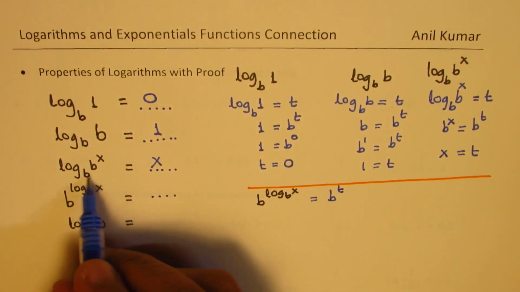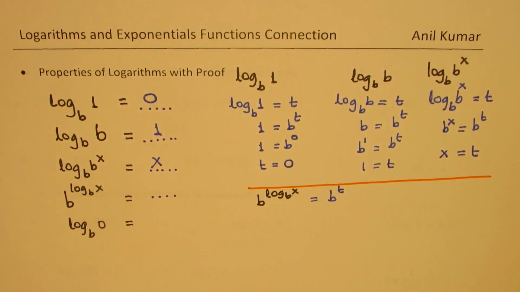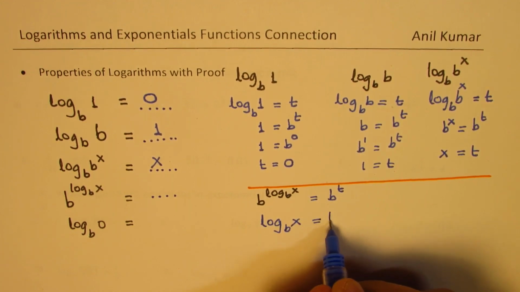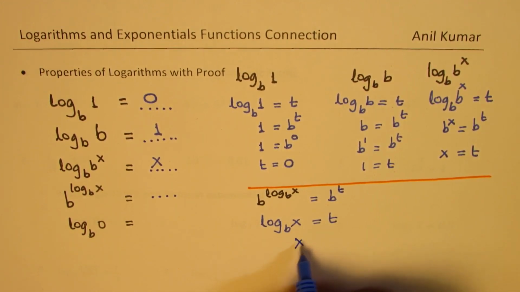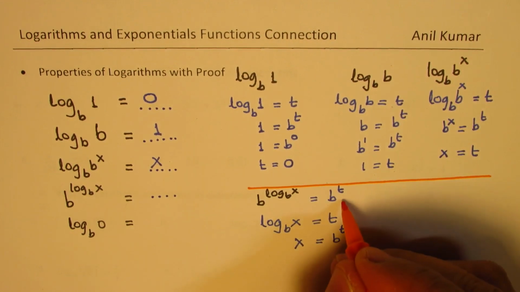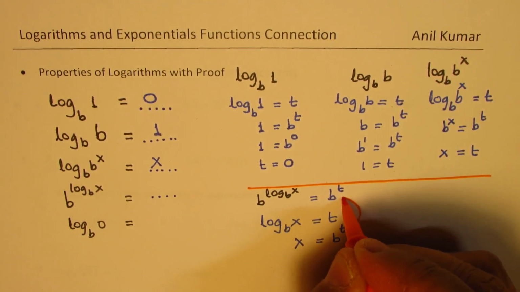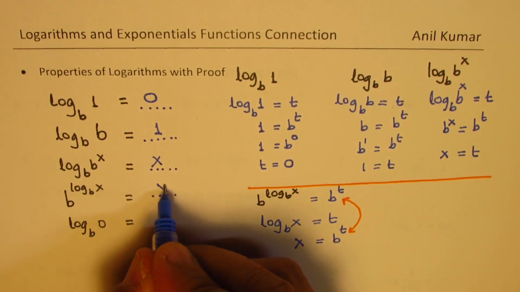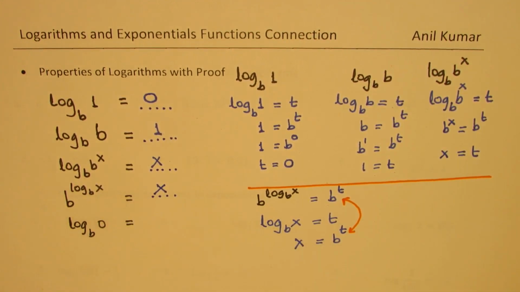That means log to the base b of x is equal to t, and writing it back into exponential form, x is equal to b to the power of t. So what we have done here is, if you look at these two, we first said that b to the power of something is b to the power of t, and now we are saying b to the power of t is x. That means this has to be x. So we get x once again here. Do you see that part of the proof?